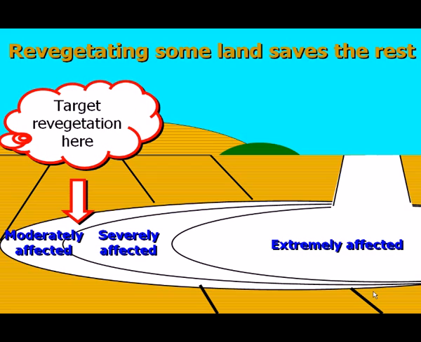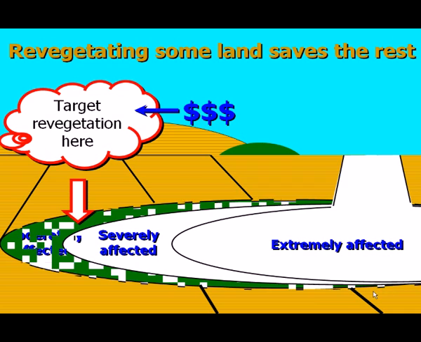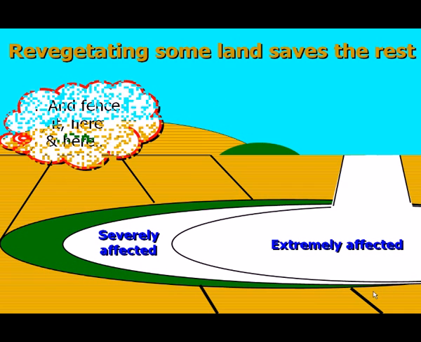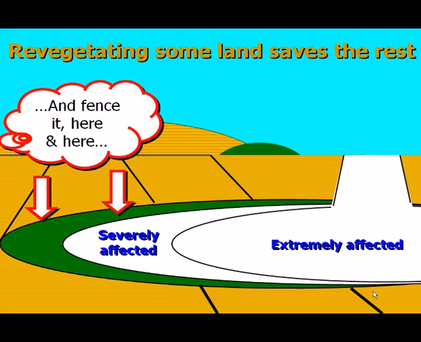We could target the revegetation in this hypothetical landscape into just a moderately affected area. Why should we do that? Because we're going to make a lot of money doing that directly from the intervention. So to do that, we're going to plant whatever it is, the farming system, and we're going to fence it on the top and bottom side.